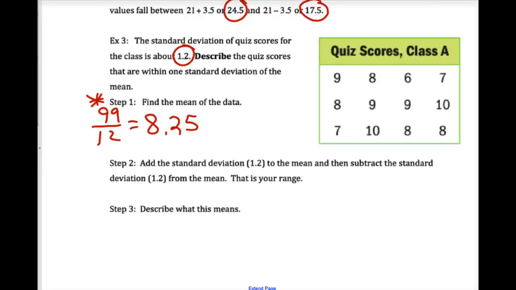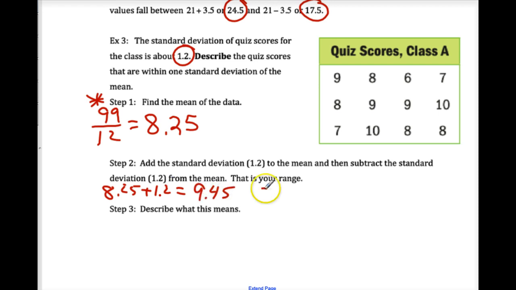All right, here's what you're going to do. Everybody add the standard deviation to the average. 8.25 plus 1.2 is 9.45.